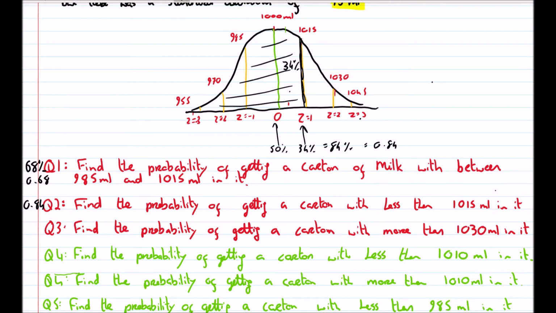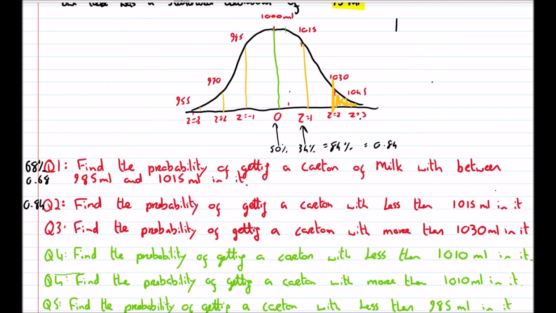Find the probability of getting a carton of milk more than 1030. So let's tidy this up a bit. More than 1030. So there's 1030. More than that, so up here. Again, the whole curve is 1.